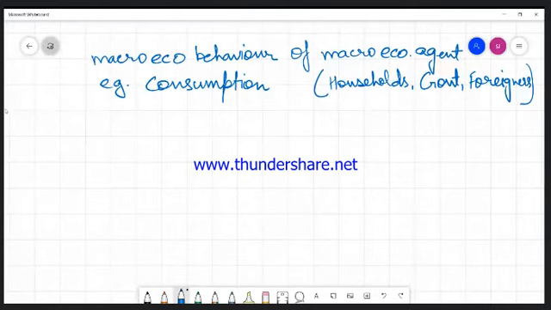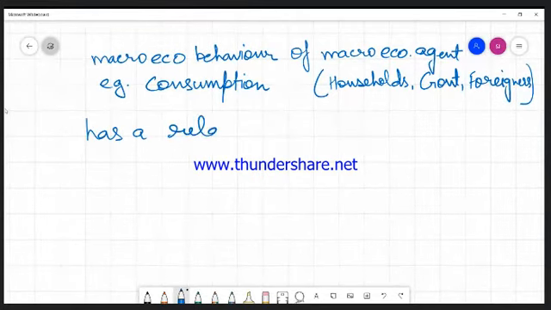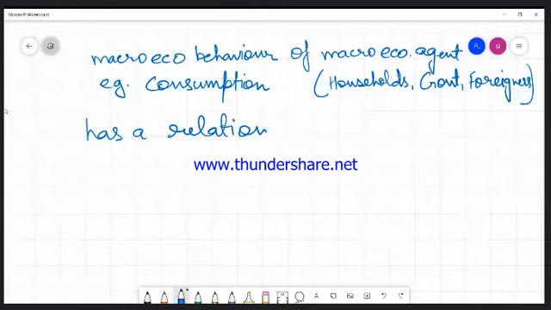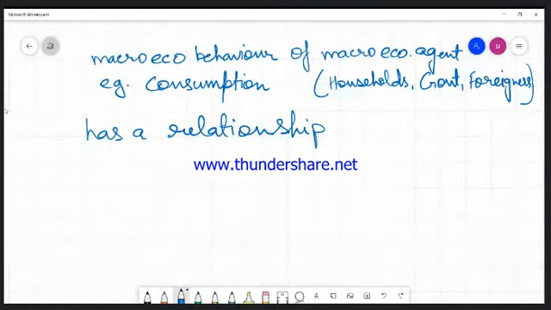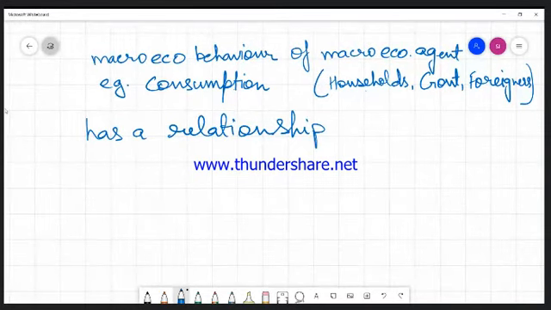Anything we can study. So macroeconomic behavior of macroeconomic agents has a relationship, or there is a particular way in which these two variables will interact with each other.